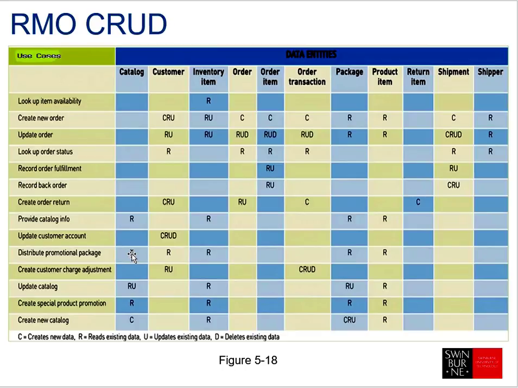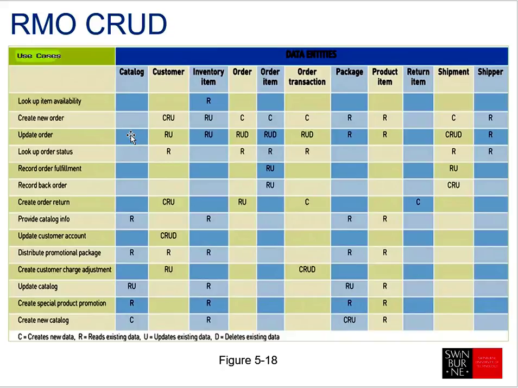So if something is missing, for example, in the catalog column, you can see there are reads, there are updates, there are creates, but there is no delete, right? So the business analyst may decide, okay, let's make a use case to delete an instance in the catalog, right? Because we need to delete something, or we sometimes need to archive the information in the catalog database. So we need a use case to look after that particular aspect.